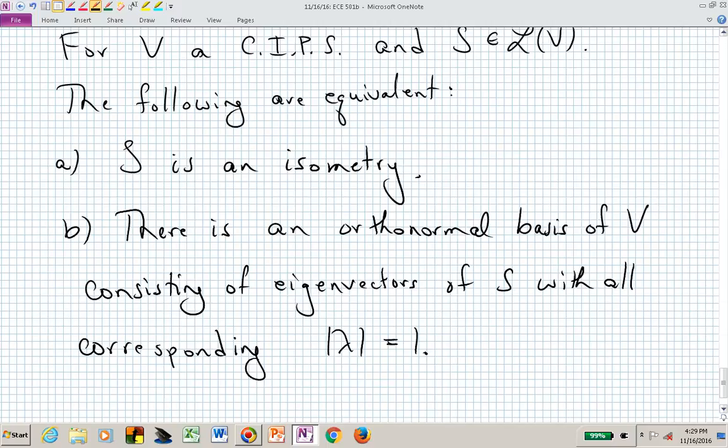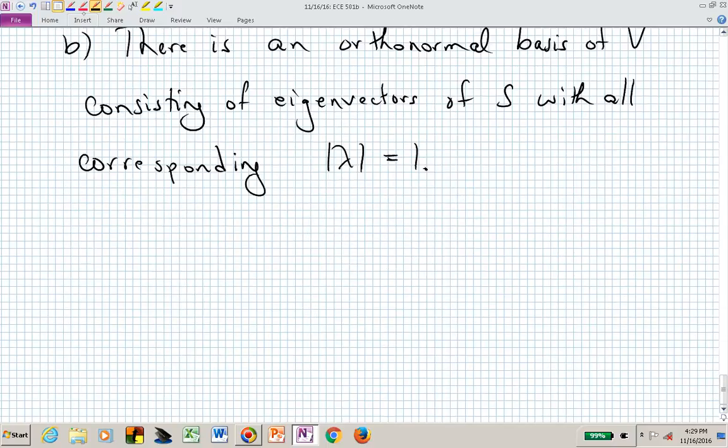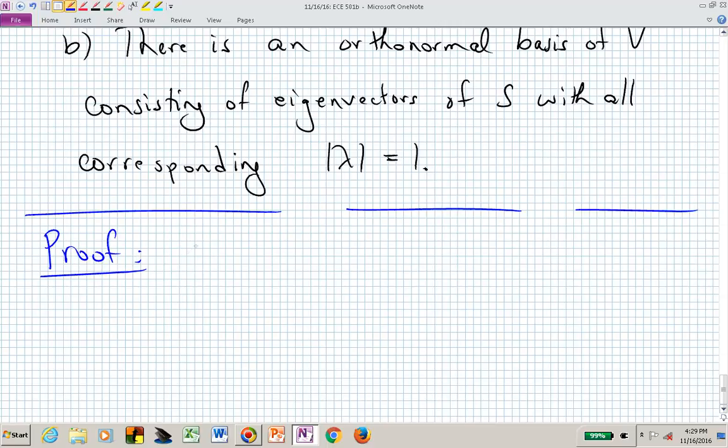We know none of them can equal 0, right? Because S is injective. It has an inverse. We've already actually shown this in one direction, essentially.